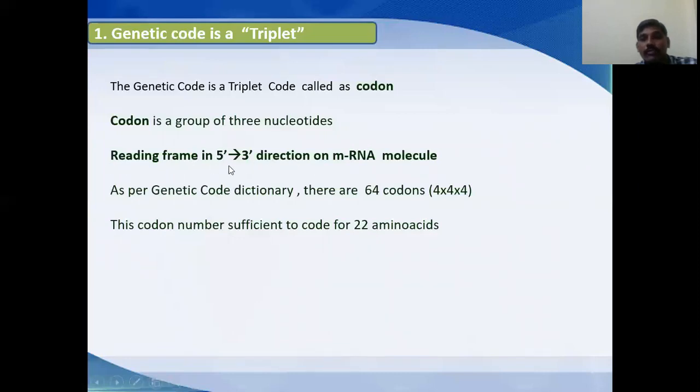This is known as the reading frame, in the 5 to 3 direction on the mRNA molecule. As per the genetic code dictionary, there are 64 codons. This codon number is sufficient to code for 22 amino acids or 20 amino acids. So the genetic code is a triplet or codon.